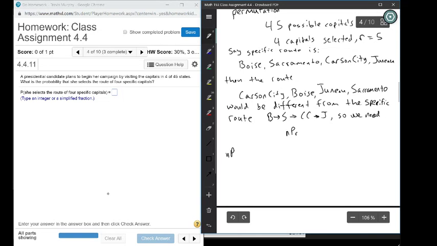So 45 permute 4 would be the number of permutations from 45 possibilities into groups of 4.